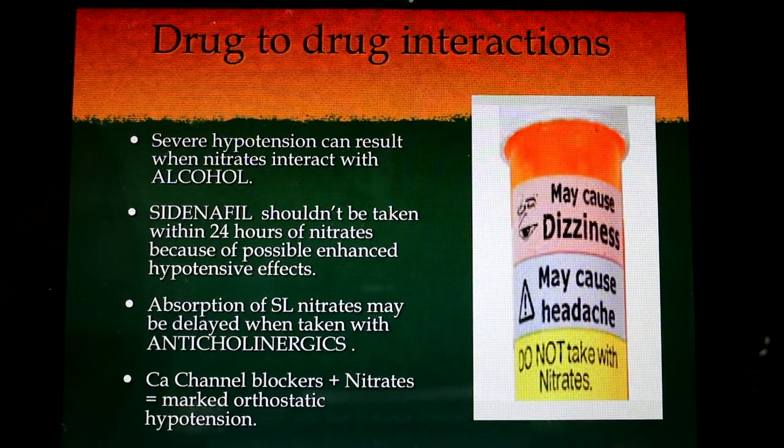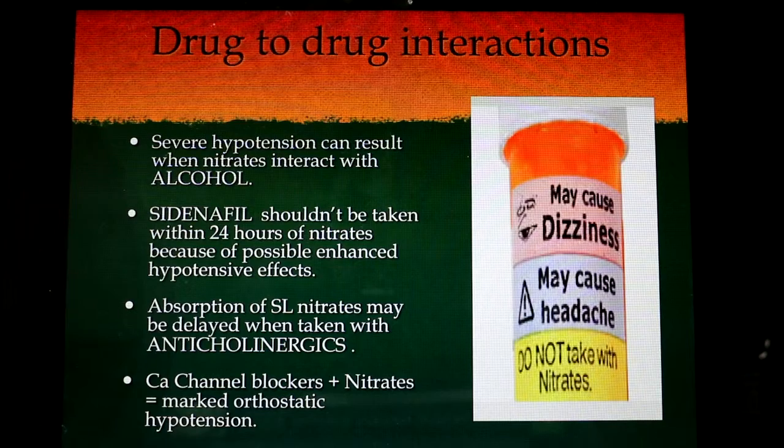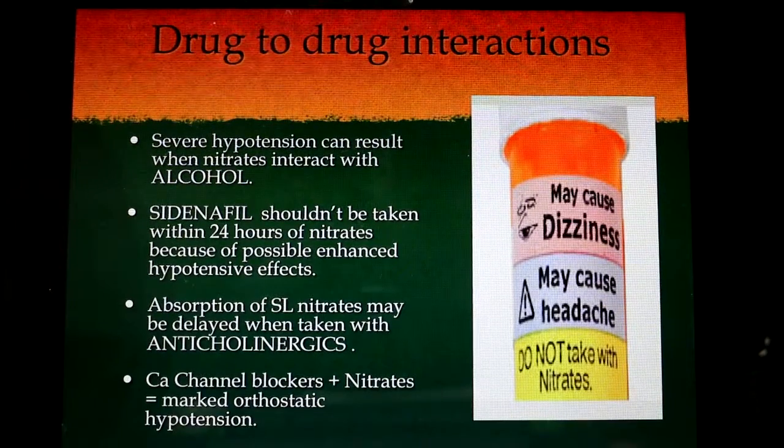Absorption of sublingual nitrates will be delayed when you take them with anticholinergics. Same thing with calcium channel blockers and nitrates. Patient will have orthostatic hypotension. So don't take calcium channel blockers, anticholinergics, no alcohol, and no Viagra when the patient is taking nitroglycerin.